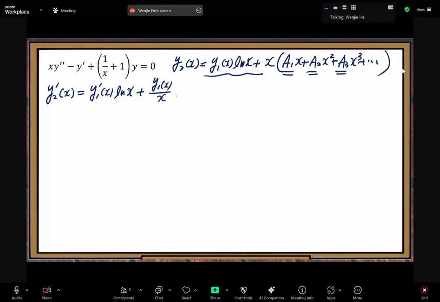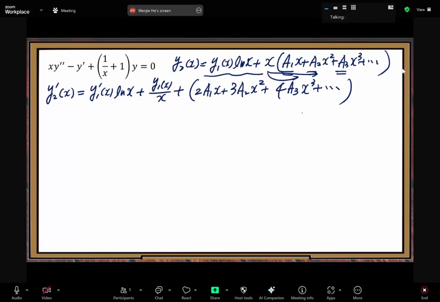Not too bad. Then inside, multiply through: 2 capital A1 x plus 3 capital A2 x squared plus 4 capital A3 x cubed. So not too bad.